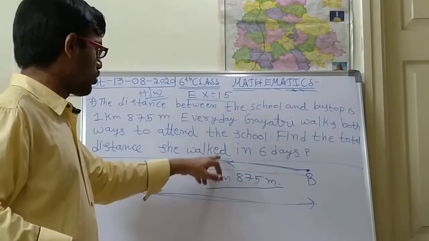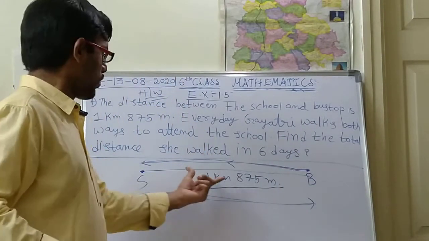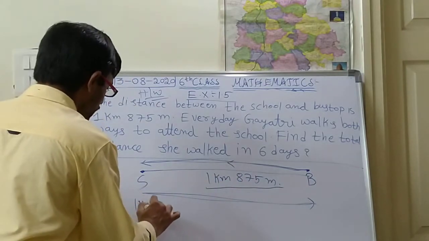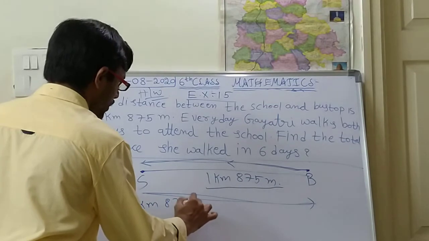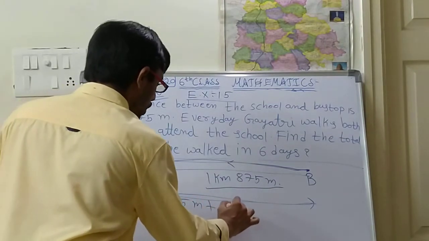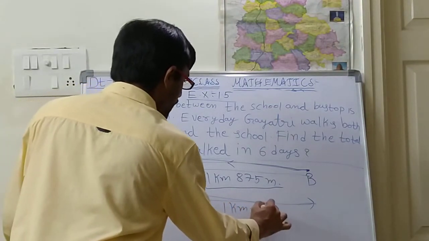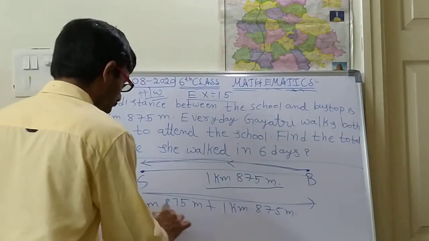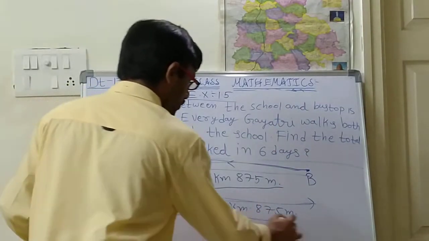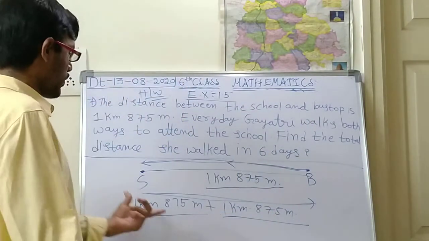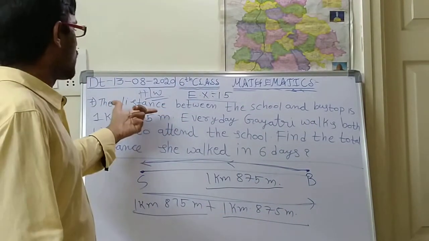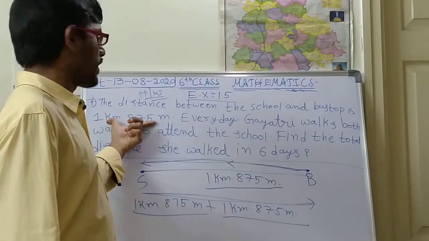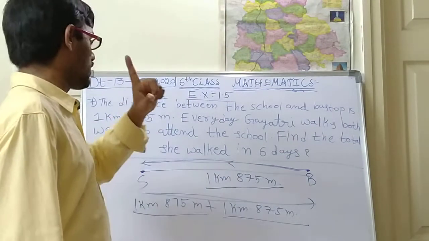For one day it means 1 kilometer 875 meters plus 1 kilometer 875 meters. Why? This is from bus stop to school and this is from school to bus stop. So first write down the distance between the school and bus stop is 1 kilometer 875 meters as the first step.